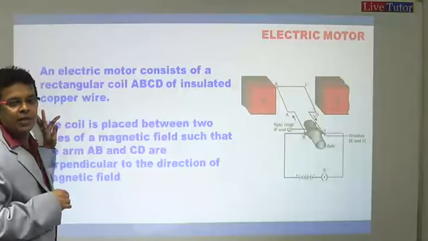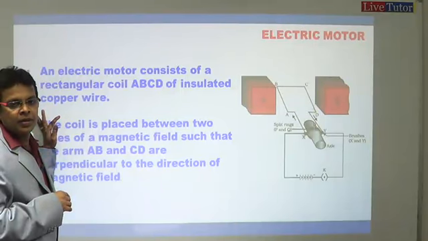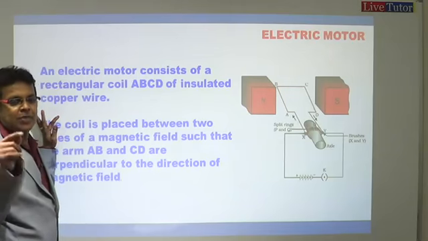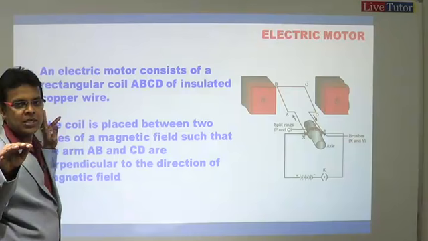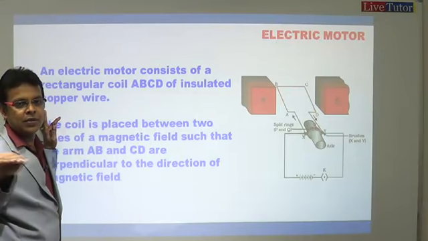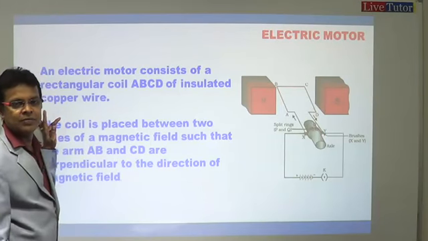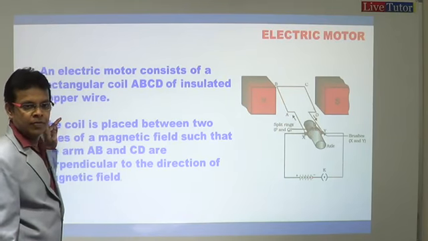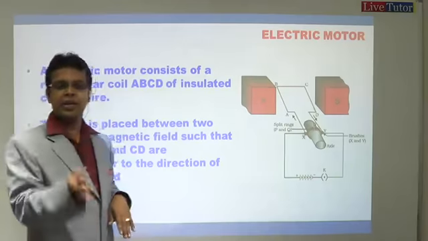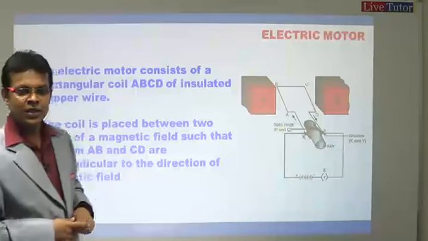Why should it be in a perpendicular direction? This is the last point which we studied in the last session. Why should the coil be placed at an angle of 90 degrees to the direction of the magnetic field? Can it not be kept at 45 degrees or 30 degrees? Why should it be perpendicular?